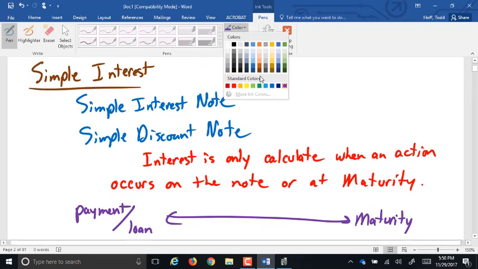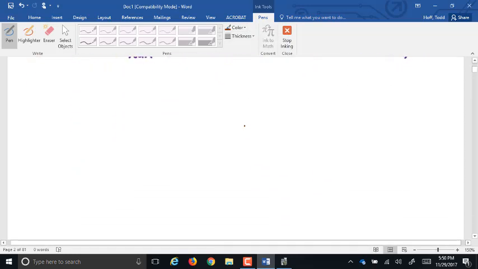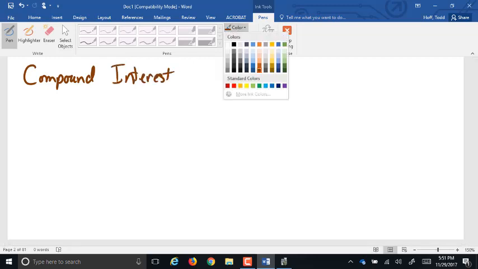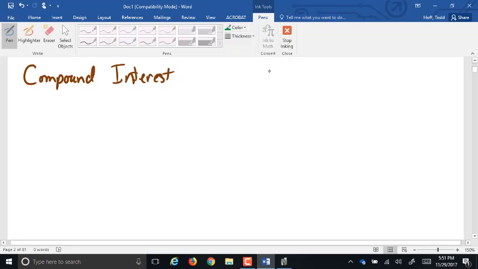Well, what we're going to be moving on to tonight is called compound interest. Compound interest has the same quality. There is a balance at the beginning and there is a balance at the end.